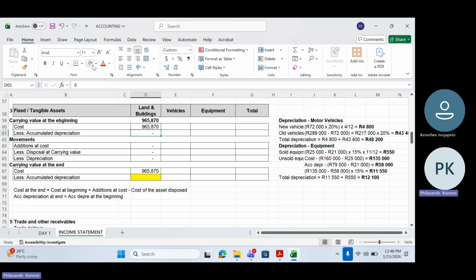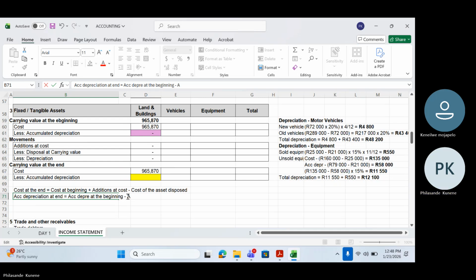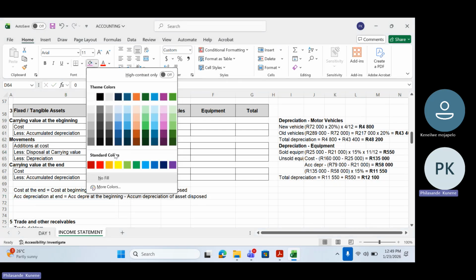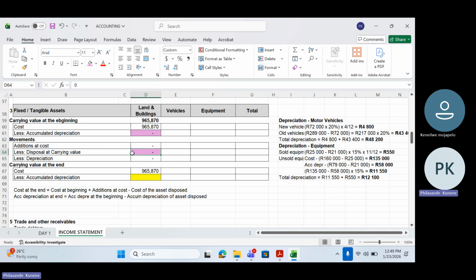I'm going to start by taking accumulated depreciation at the beginning, minus accumulated depreciation of the assets disposed. Not the amount that you will see there. This is going to be a carrying value, but accumulated depreciation of that amount.